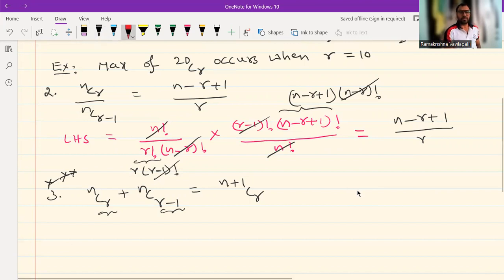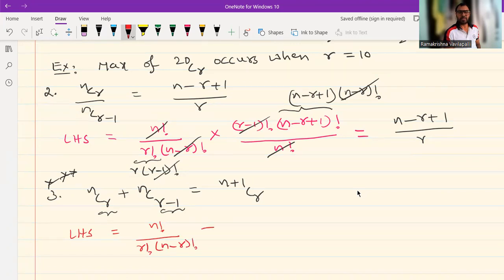Here LHS equals nCr, which is again n!/(r!(n-r)!), plus n!/((n-r+1)!(r-1)!). See, in the numerator n! is common.